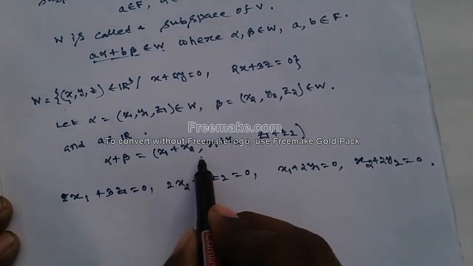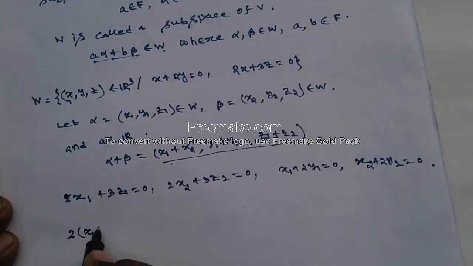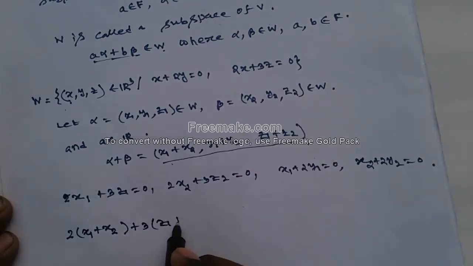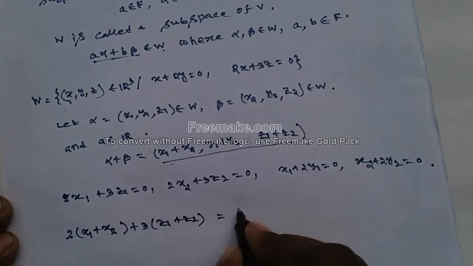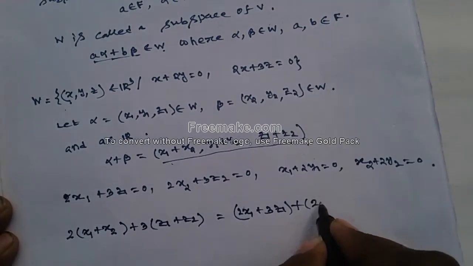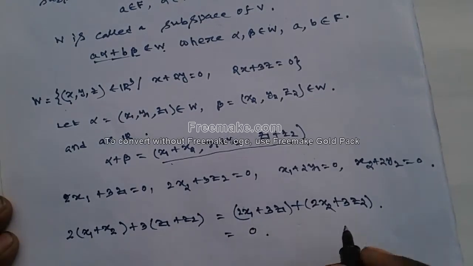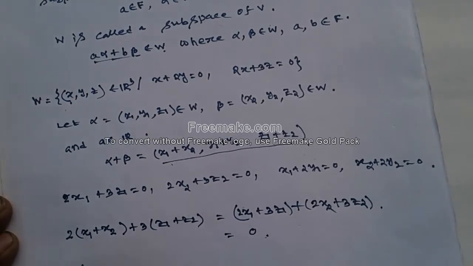Now we see that 2(x1 plus x2) plus 3(z1 plus z2), that is 2x1 plus 3z1 and 2x2 plus 3z2, is 0, and (x1 plus x2) plus 2(y1 plus y2) is also 0.